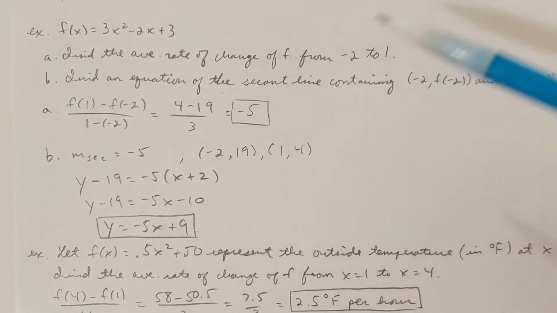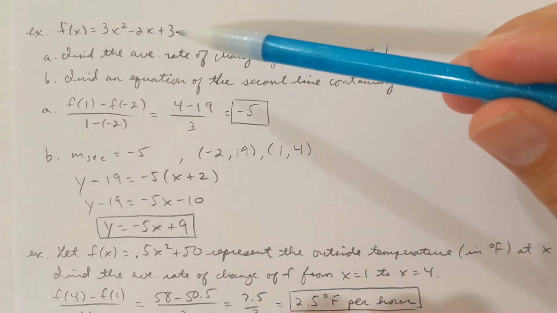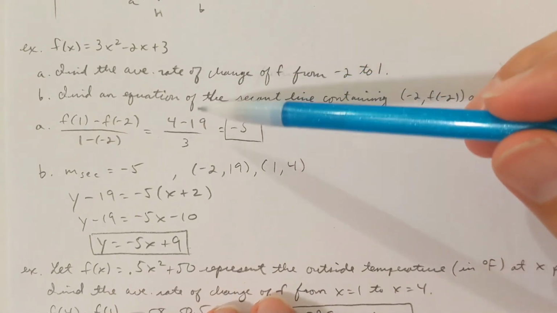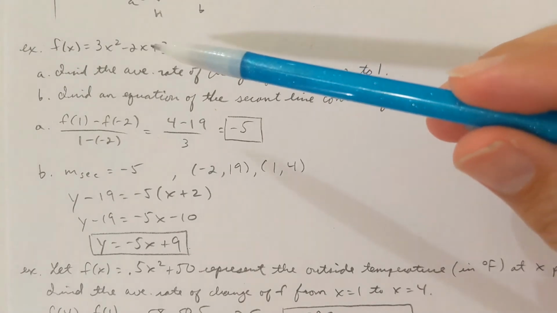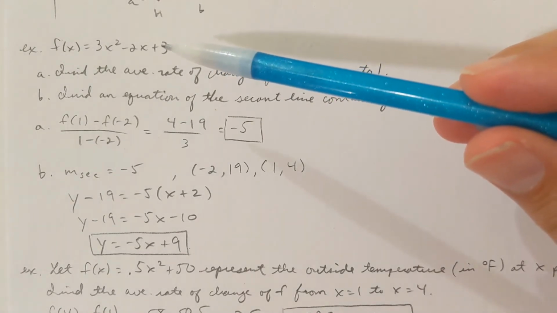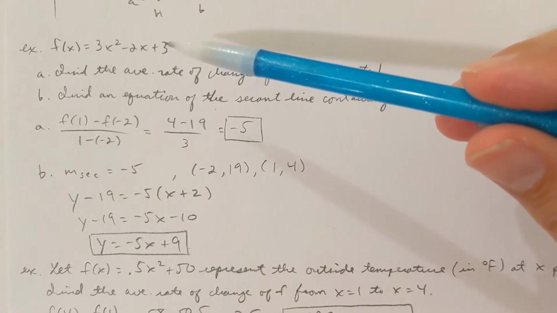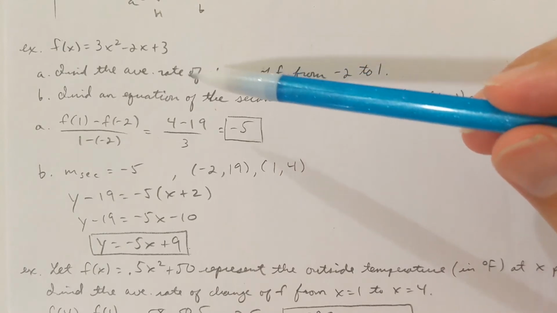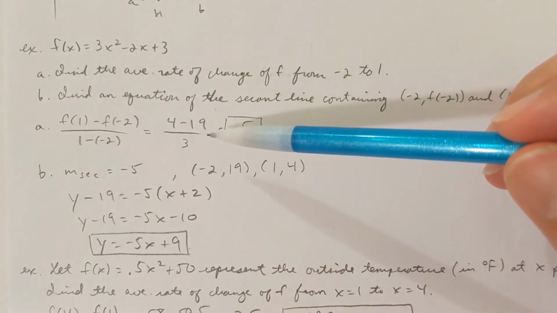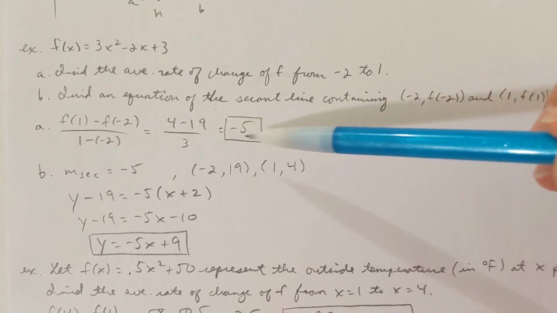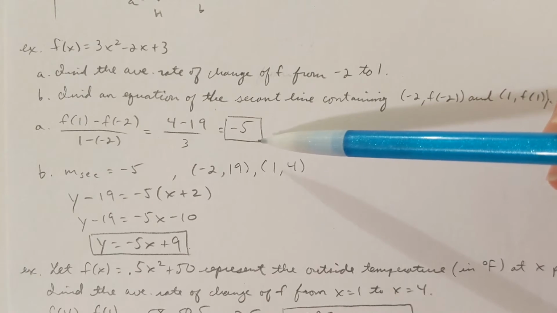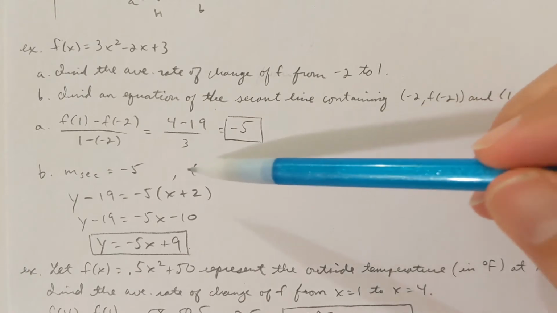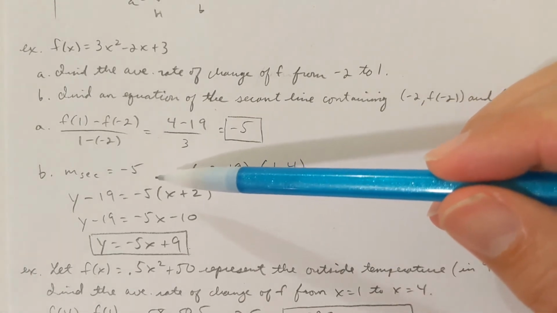Well, f of 1 is 3 minus 2 is 1 plus 3 is 4. Minus f of negative 2: negative 2 squared is 4 times 3 is 12 plus 4 is 16 plus 3 is 19, divided by 3 gives me negative 5. So the slope of the secant line would be negative 5.